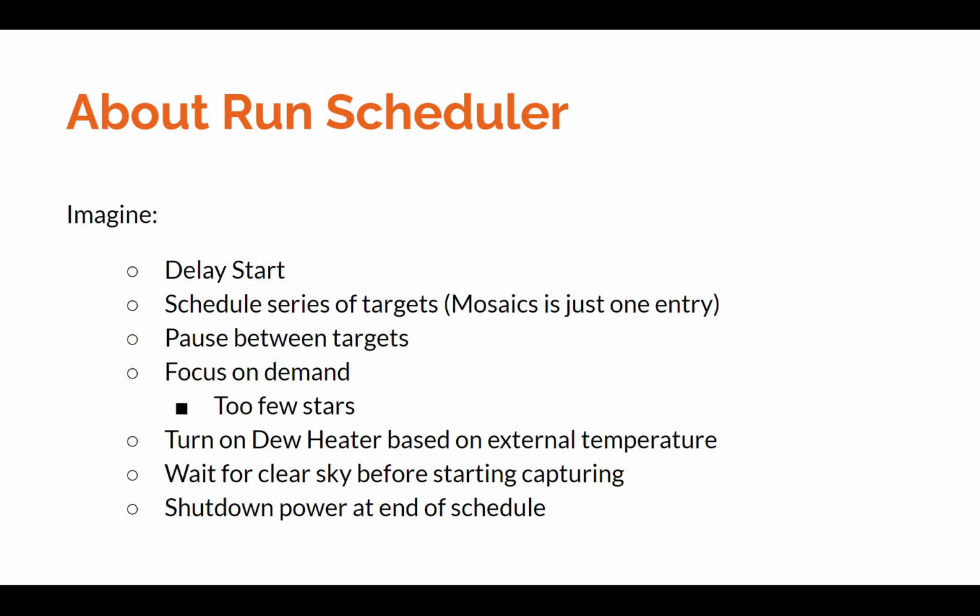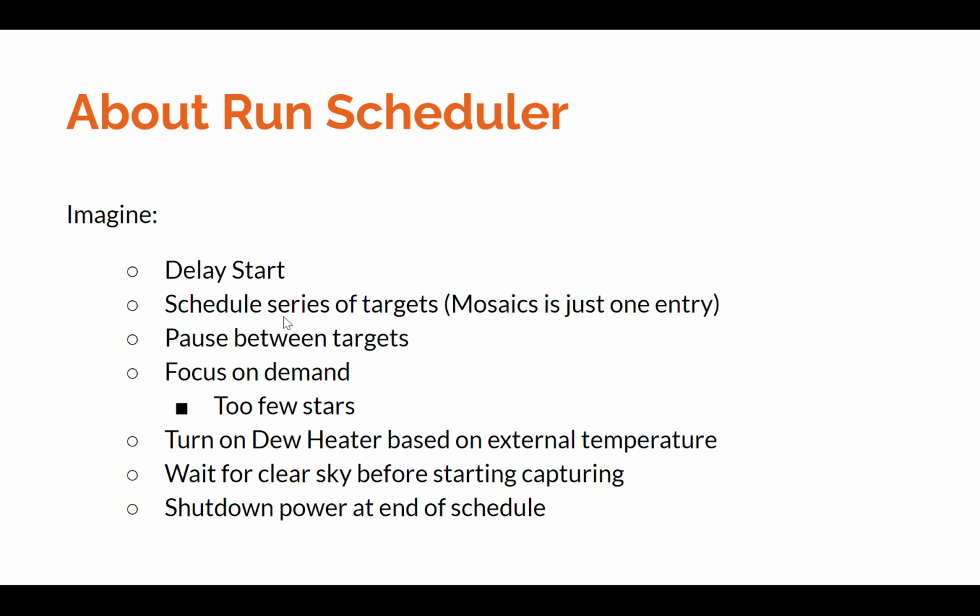In fact, one of the things I've been working on is a placeholder, so you can tell it don't start until there's enough stars. Meaning if it's too cloudy, don't do anything until you see enough stars, then go. That'll save you. But that's typically how the scheduler can work, like in Nina and things.